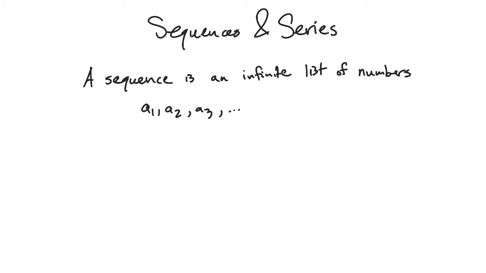And this is typically written, if I want to refer to the whole sequence at once, in our book they write (an) with parentheses around it. The parentheses are important to signal that we're talking about the whole sequence and not just one particular term. So the individual numbers in the sequence are called terms, and the sequence as a whole is the sequence.